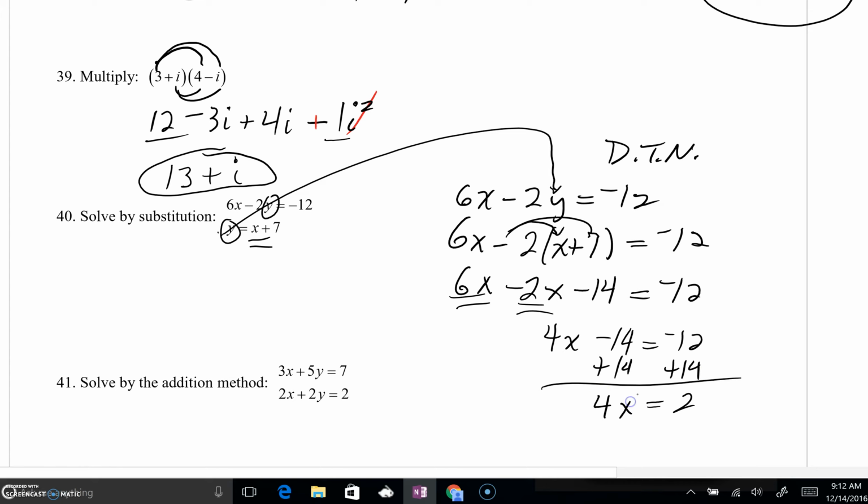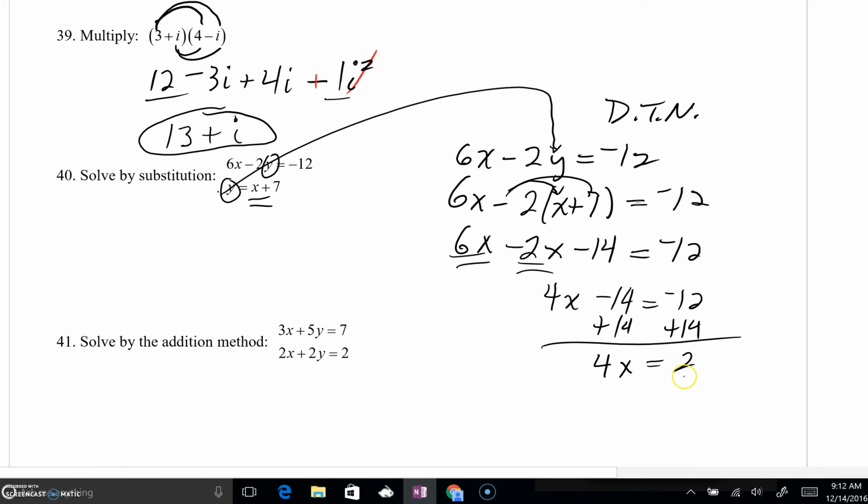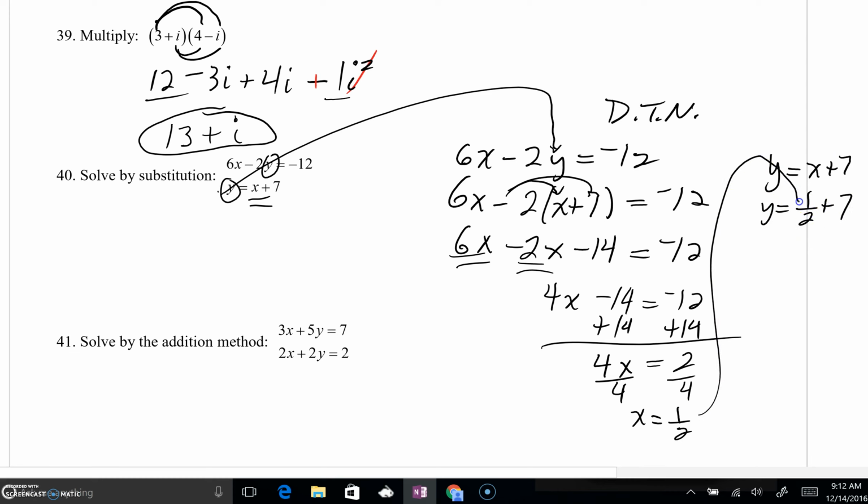Now this can get very upsetting. I think we all know we're not going to get a whole number answer. As you work this out, 2 divided by 4 is just a half. We still need our y value, though. Here's x plus 7. We plug in 1/2 plus 7. We have to substitute that back in. And 1/2 plus 7.